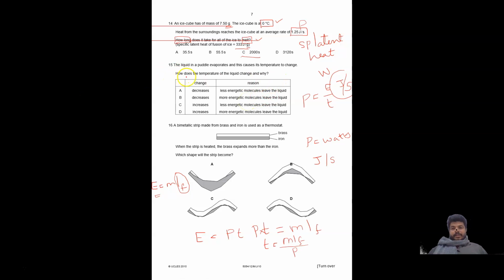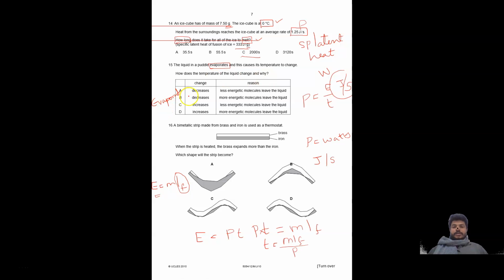Okay. And question number 15. The liquid in a puddle evaporates. Keyword for you: evaporation. So the topic name is thermal physics, evaporation. This causes its temperature to change. How does the temperature of the liquid change and why?